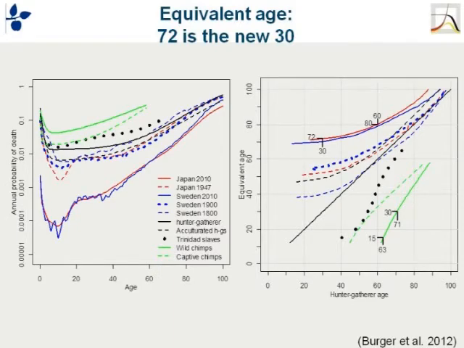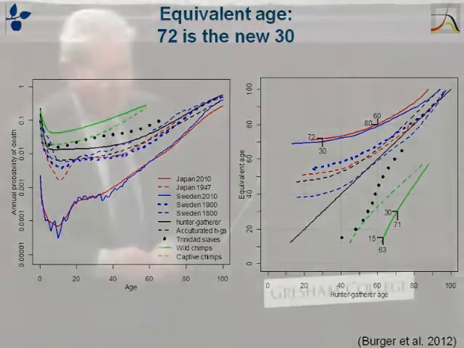And our experience today is further away. So humans today are more different from our ancestors 100 years ago than our ancestors 100 years ago were from chimps in terms of our mortality experience. Isn't that interesting?